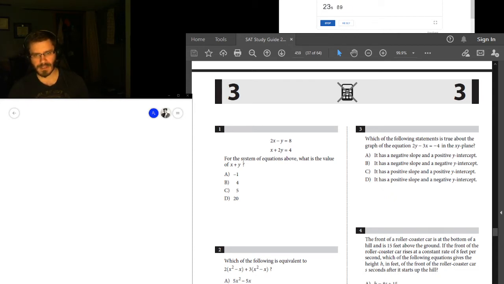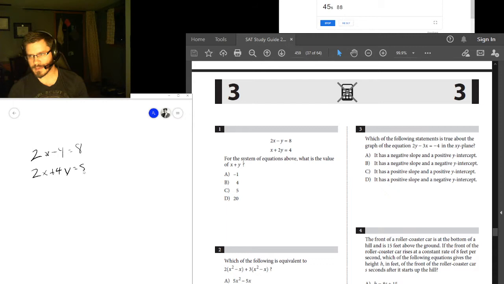But let's go ahead and just solve this like a standard system of equations. We'll solve for y or x, either one. Let's solve for x. So we have 2x minus y equals 8. I'm going to multiply the second equation by 2, so we get 2x plus 4y equals 8.